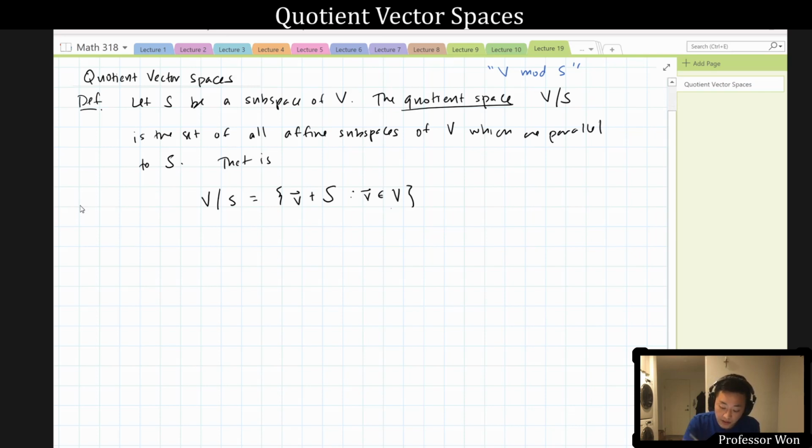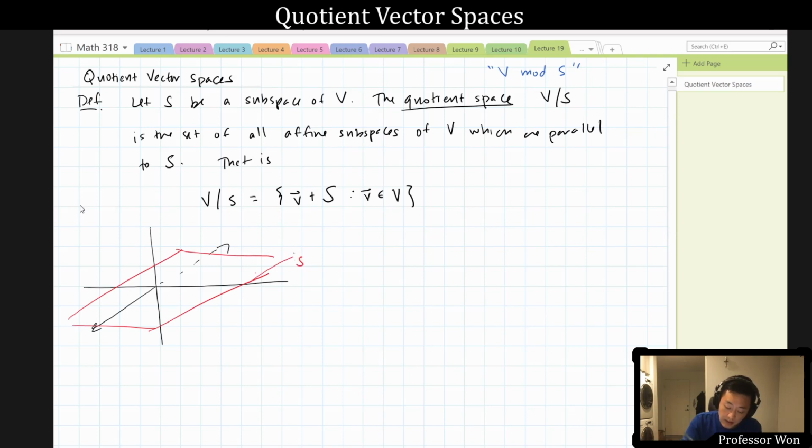Again, don't forget the picture. The picture is that this is S, some plane, some subspace. And if this is V, then V plus S is this plane. This will be one of the vectors in my quotient space.